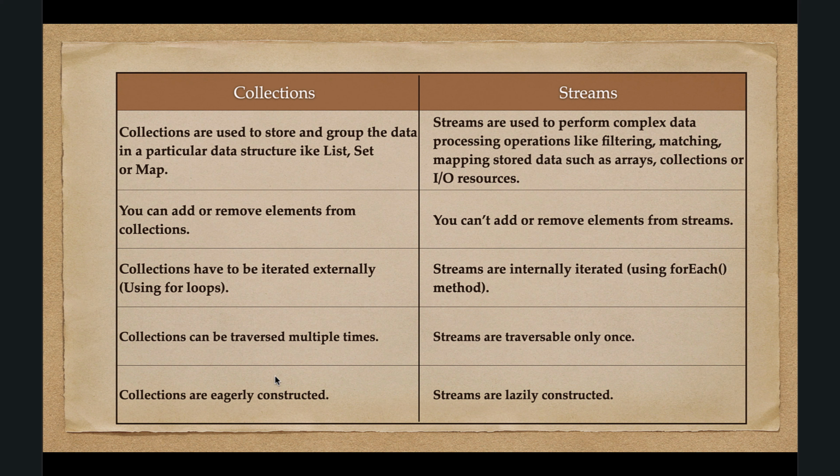Okay, well, let's take a look into the next difference. Collections are eagerly constructed. It means whenever we create a list, set or map, all the elements are computed at the beginning itself, right? On the other hand, streams are lazily constructed. It means that in a stream we have two types of operations, intermediate operations and terminal operations, and until the terminal operation is called, the intermediate operations cannot be completed.